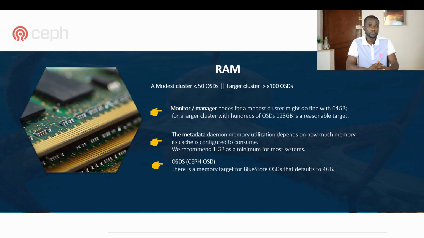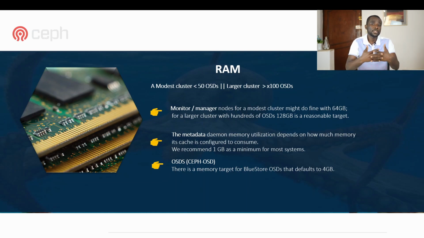For a monitor in a modest cluster, regarding the RAM on this node, you should provision only 65 gig of RAM for this monitor node.